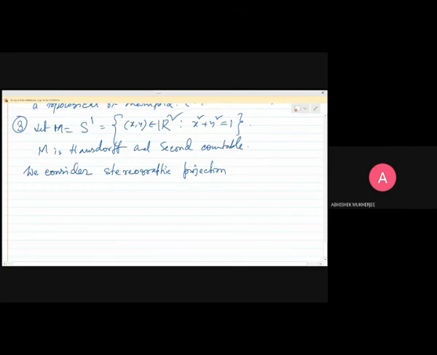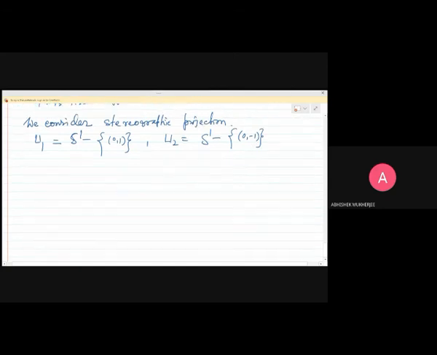Then you can find the charts, the coordinate neighborhoods, which are U1 and U2. U1 is S1 minus (0,1), and U2 is S1 minus (0,-1).